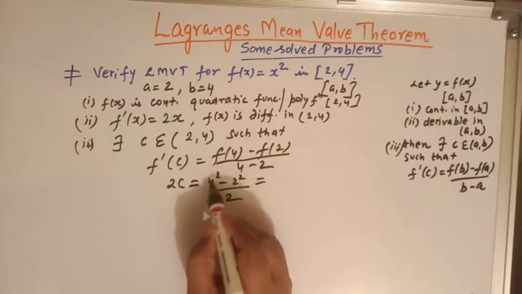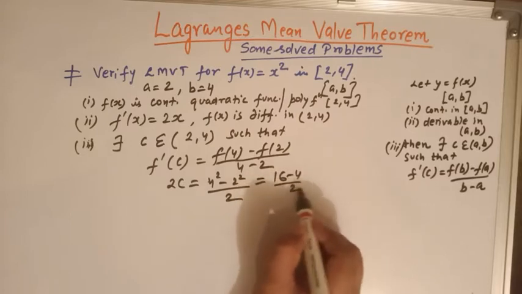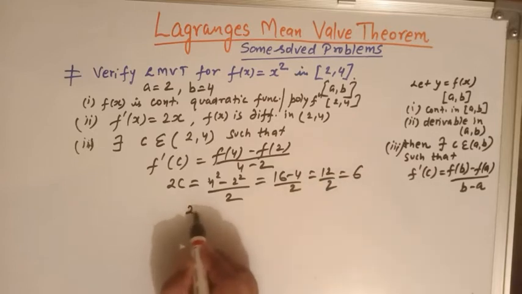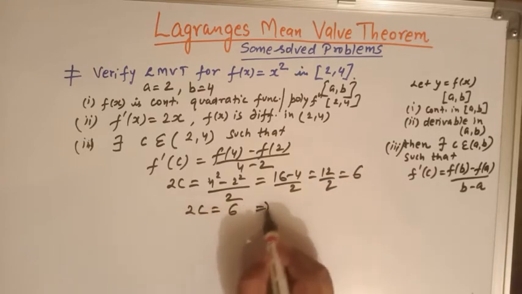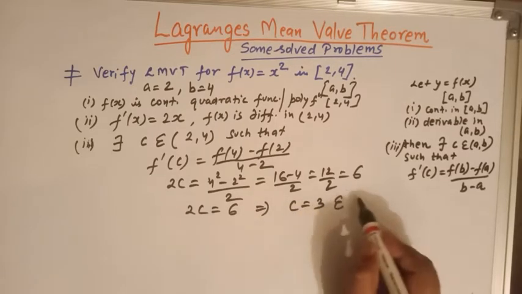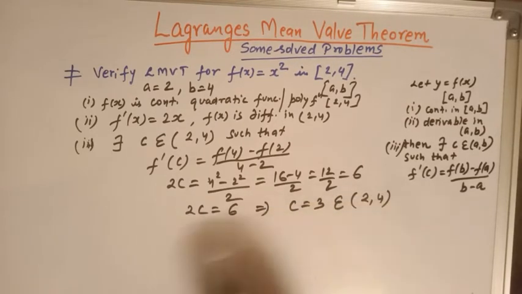So this is (16 minus 4) over 2, this is 12 by 2, that is 6. So 2c is equal to 6. This implies c is equal to 3, and 3 belongs to (2, 4).